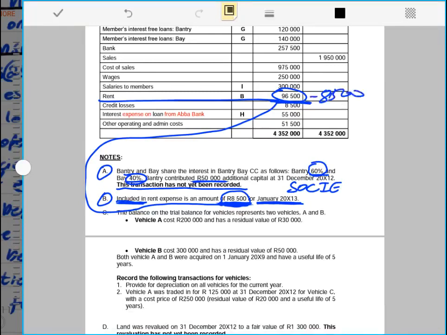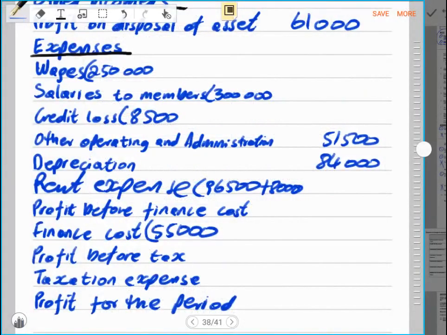So when we record that in the income statement, we just have to say under our rent expense minus 8,500, because the 8,500 does not belong in the current accounting period, but it belongs in the next financial period.